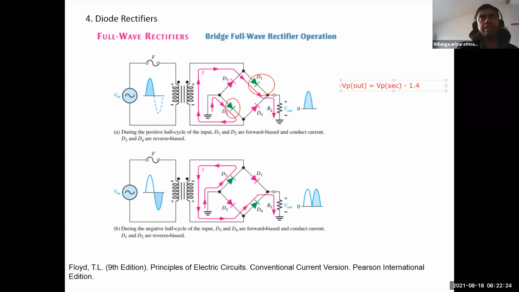That is how we get this equation. Clear guys? Okay.